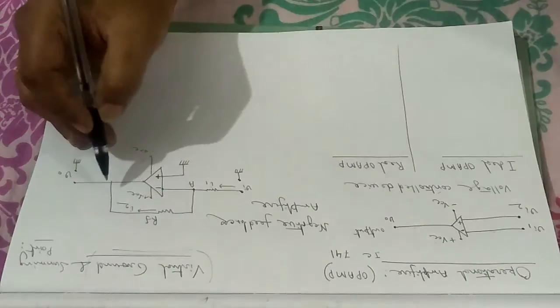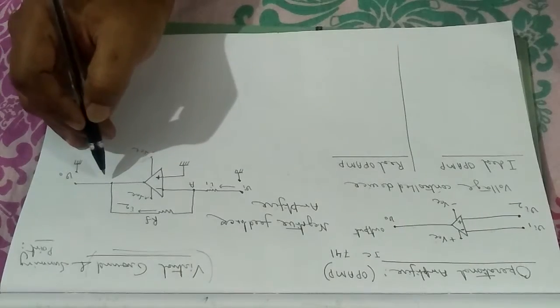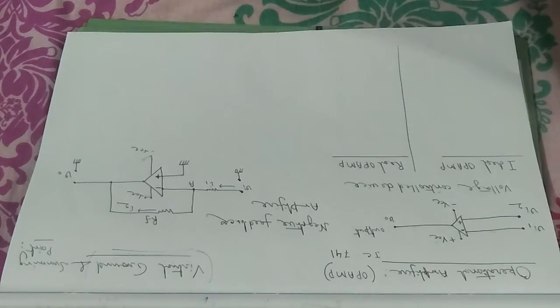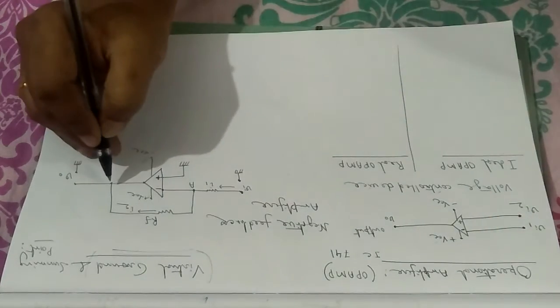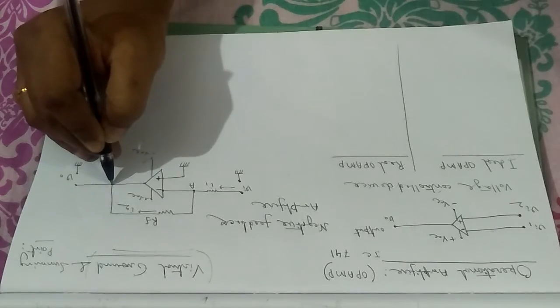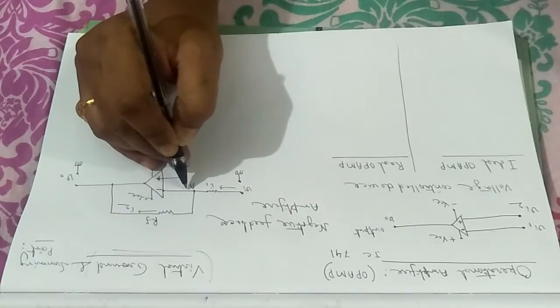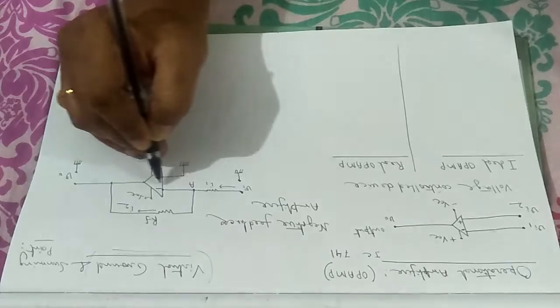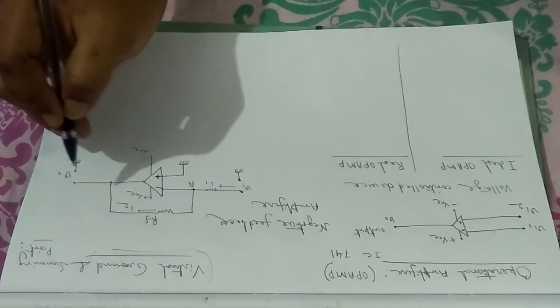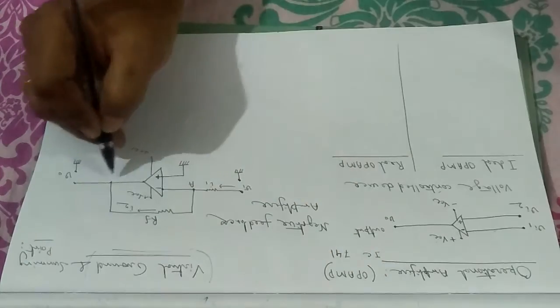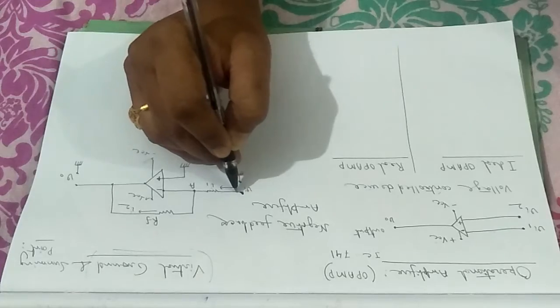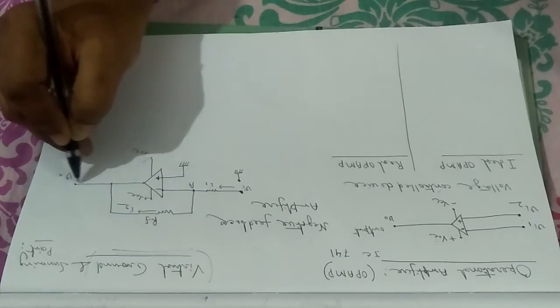And what is the summing point? What I told already about the feedback amplifier is that in a feedback amplifier, we generally feed a portion of the output voltage again into the input terminal. As I am using it in the inverting terminal, this will be a negative feedback amplifier. Suppose from this input terminal I am generating output here.